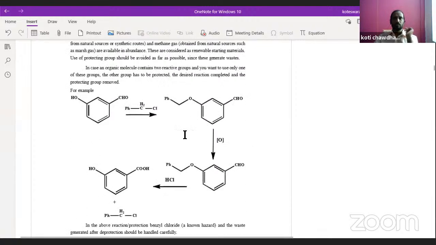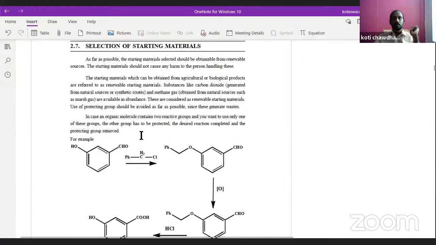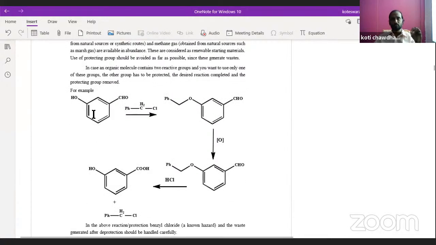Okay. Now here we are going to catalyze synthesis. Whenever we select the starting material, we should not use a protecting group. What is a protecting group? Suppose here we see 3-hydroxy, or meta-hydroxy benzaldehyde.